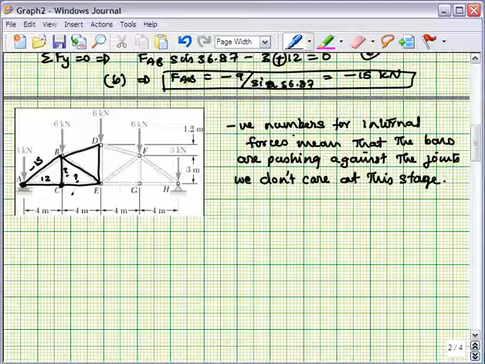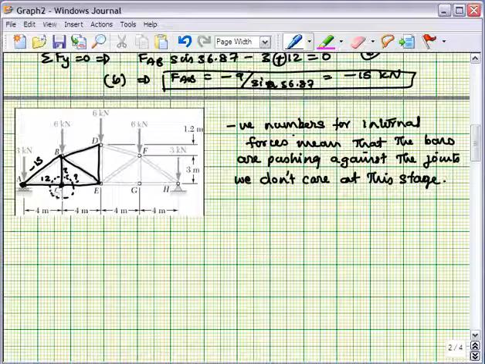So I'm going to draw a free body diagram for joint C. What I do is I draw a dotted line. One very key point, once we are done with the external reaction forces, we don't anymore draw just the outline of the whole truss. We actually draw every bar, and when we draw the free body diagram, we show the internal bars. That's how we calculate the internal forces. So remember that.